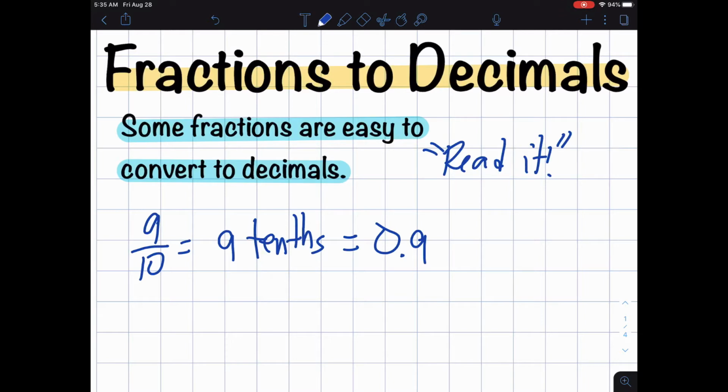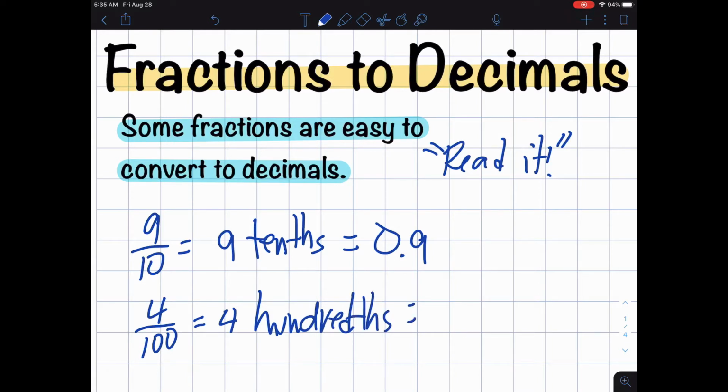If I have a number such as 4/100, then you read it as 4 hundredths, and then you write it down. 4 hundredths is written as 0.04.